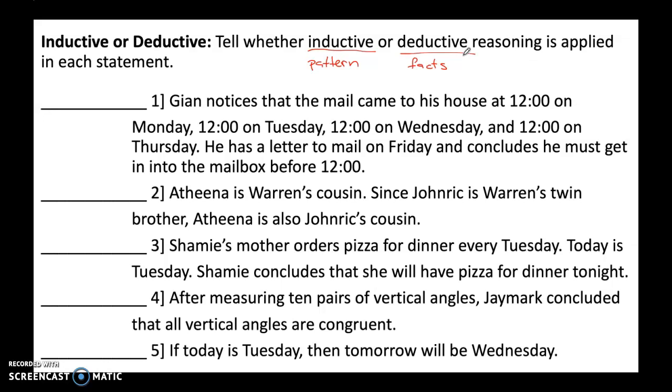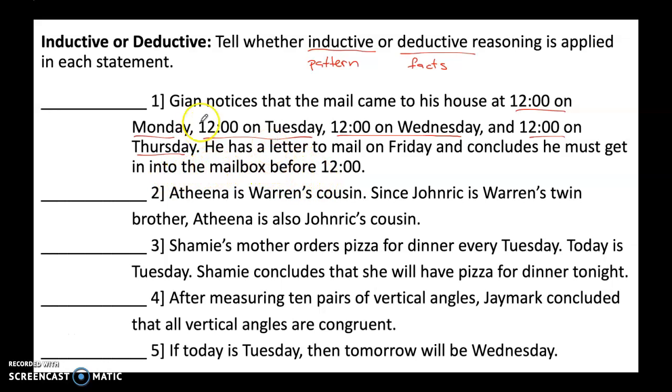Let's have number 1. Gian notices that the mail came to his house at 12 noon on Monday, 12 noon on Tuesday, 12 noon on Wednesday, and 12 on Thursday. He has a letter mailed to him on Friday and concludes it must get into the mailbox before 12.